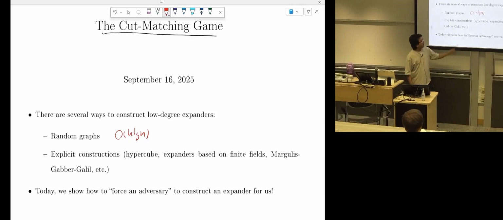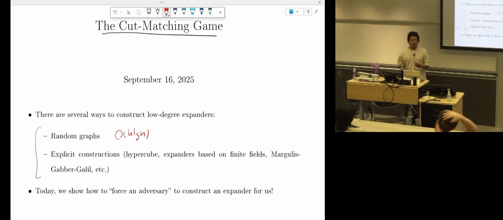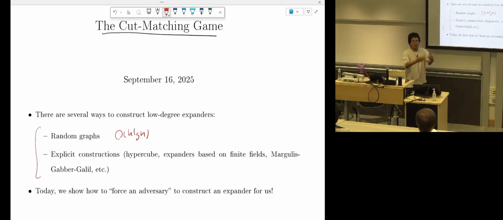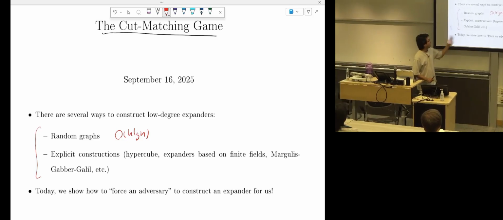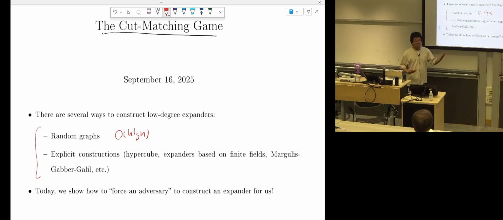You can look at the hypercube or some other algebraic construction that people have come up with. But this is a construction where you choose how to build it. And the cut matching game is another way to build a low degree expander.